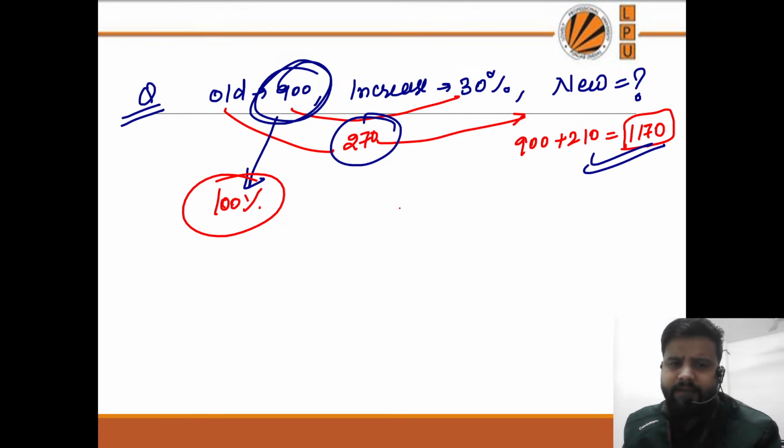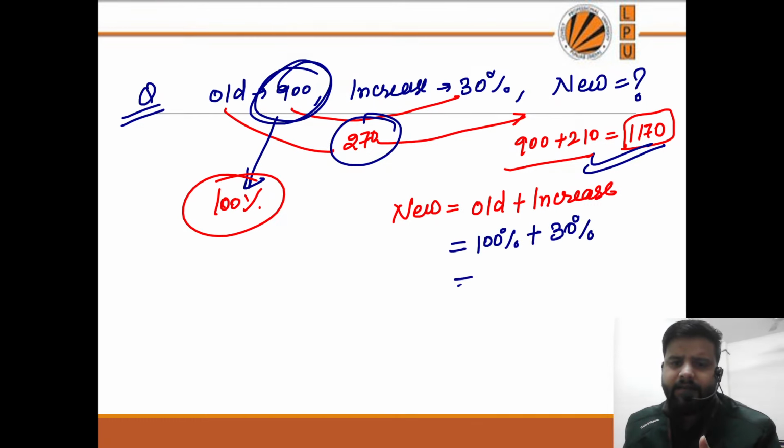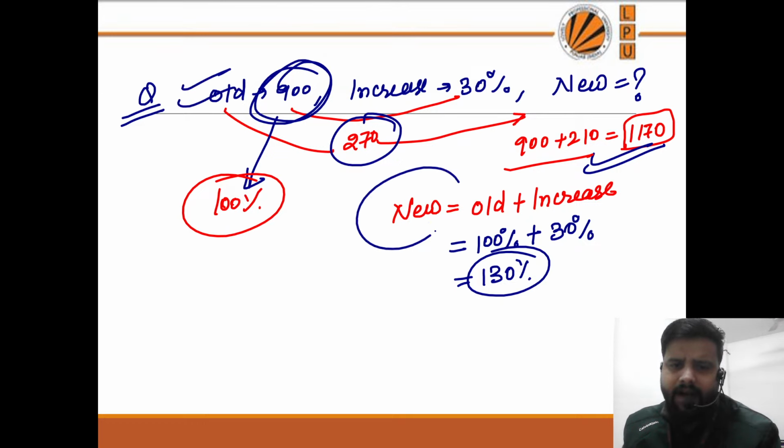So now for the new salary, what did you actually do? Old plus increase. If I write both the terms in percentage, old is 100% of itself, and the increase is 30%, so I'm writing 30%. So actually it is 130%. What it means is, if you calculate 130% of your old value, you will directly arrive at the new value.